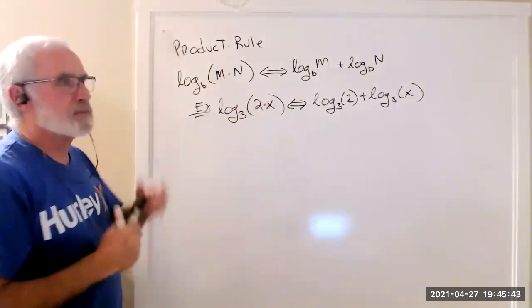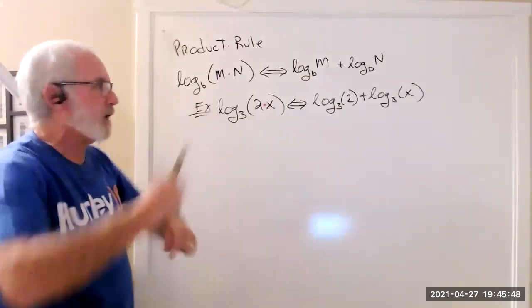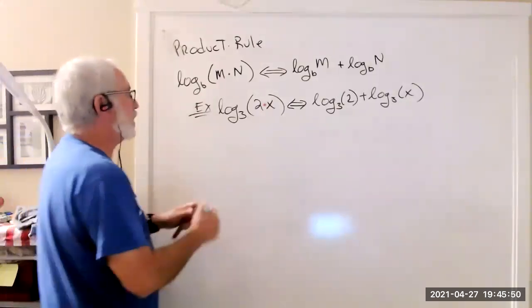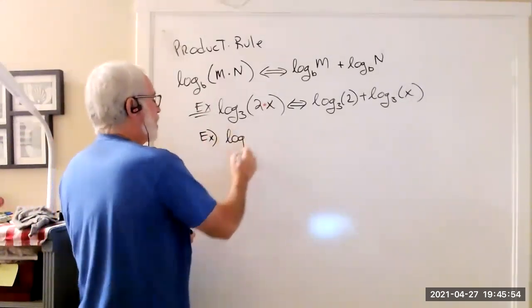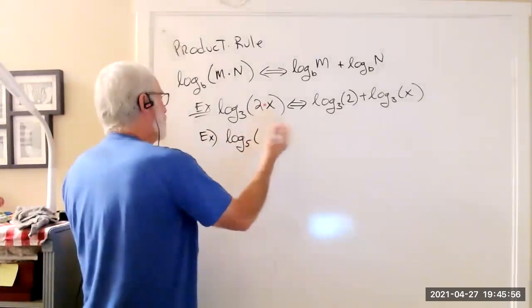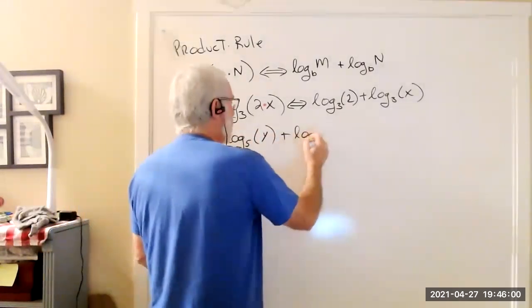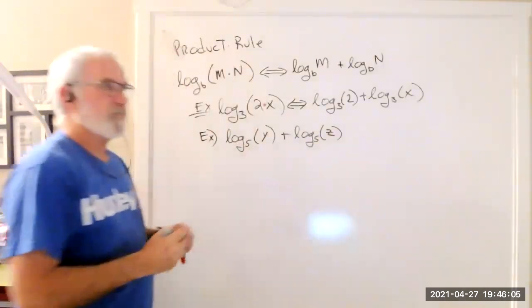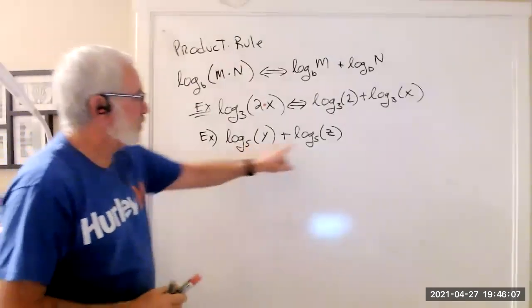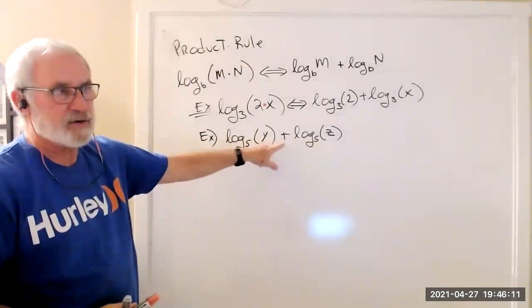But the rule is bidirectional. It says you can go backwards also. So what if I had the log base 5 of y added with the log base 5 of z? What if I had two separate logarithms that happen to be adding together?